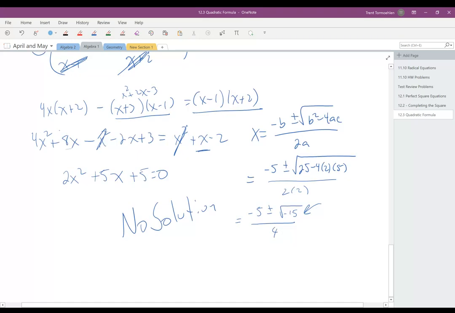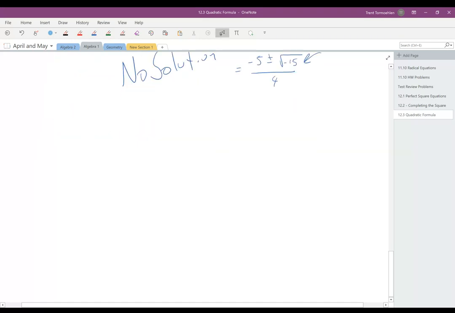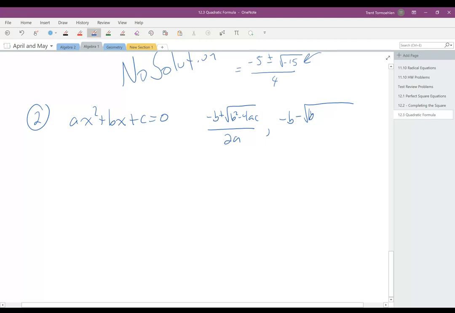And the second thing we're going to look at is if I've got an equation, ax squared plus bx plus c equals 0. What the quadratic formula really is telling us is that the solutions to this equation are negative b plus or minus the square root of b squared minus 4ac all over 2a, and negative b minus the square root of b squared minus 4ac all over 2a.